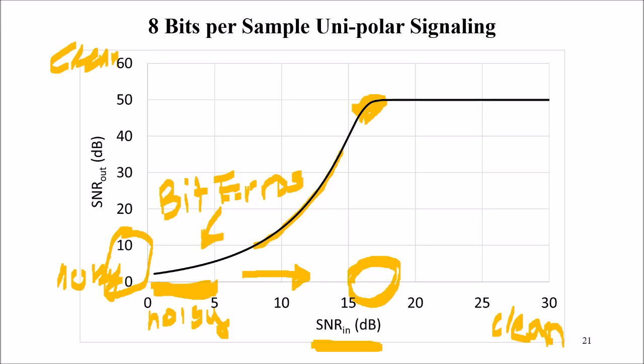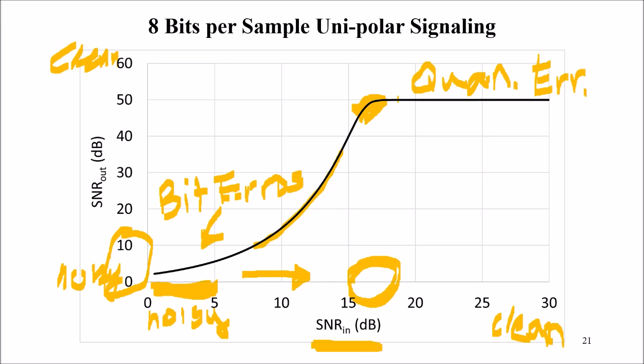But we've still got the quantization error that we can't get rid of. So it levels off at this level that represents the quantization error. This is the quantization error.